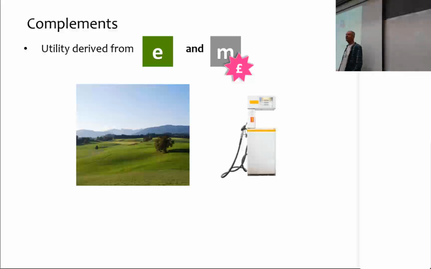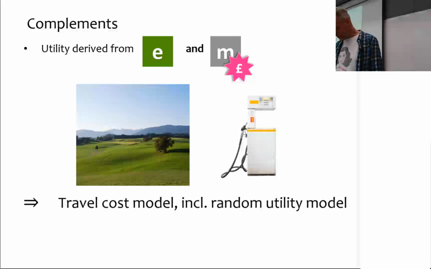But for other people, in order to get there, in order to enjoy this landscape, you would need to drive there and pay for petrol. And in this case, the market good is a complement to the desired environmental service, right? And that is a thing you can exploit.